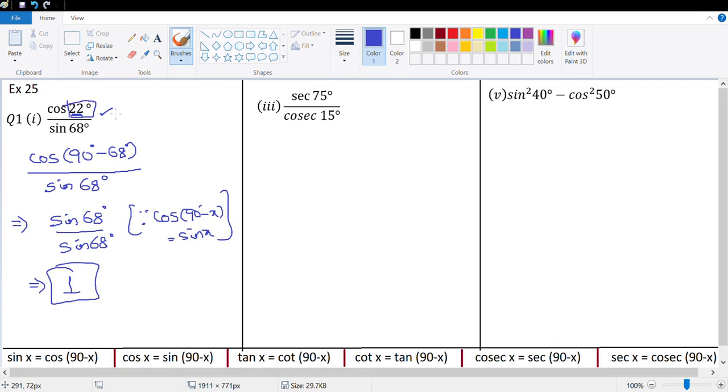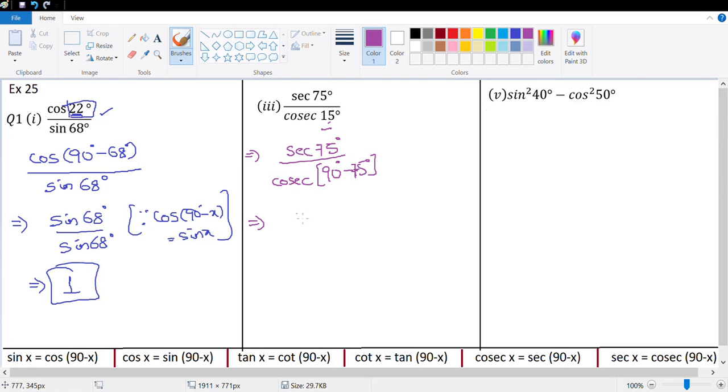In this case, I changed the numerator. In the second one, let's try and change the denominator. So this is sec 75 and cosec 15. Again, 75 and 15 are complementary because 75 plus 15 is 90. So this time I will change the denominator. So sec 75 degree upon cosec, instead of 15 degree, I will write 90 degree minus 75 degree, because 15 degree is nothing but 90 minus 75.